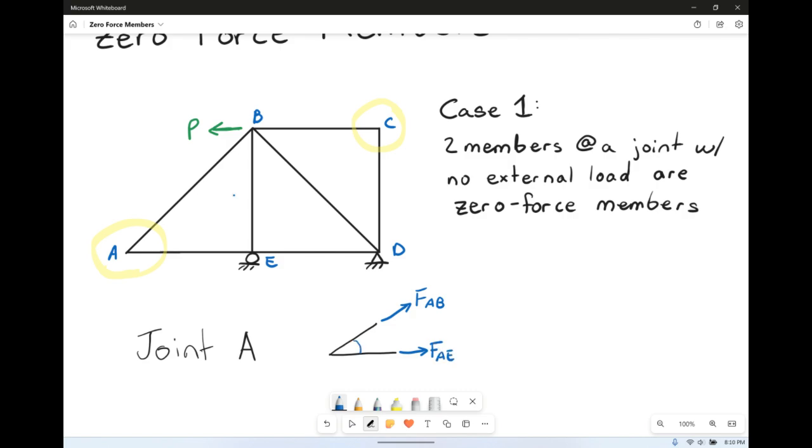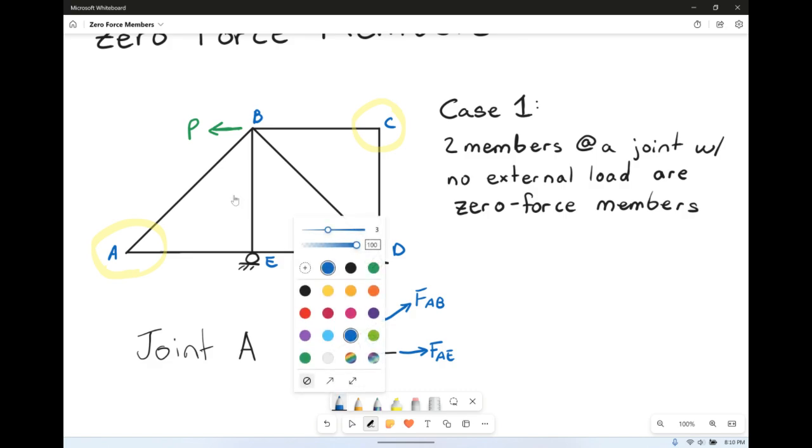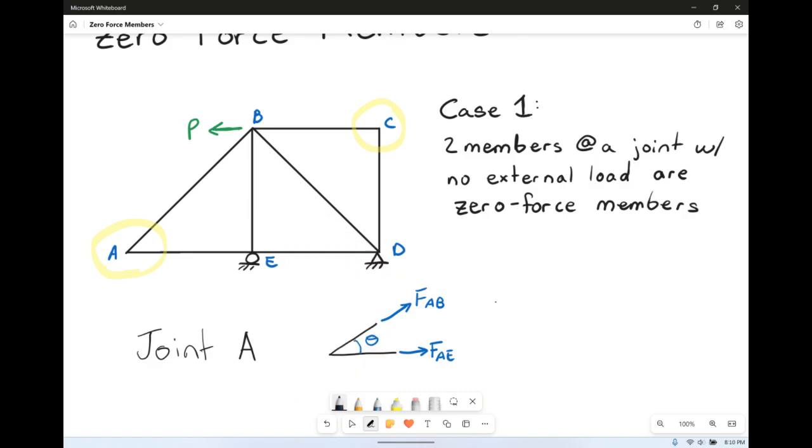Now maybe this is the angle theta. Who knows? Doesn't really matter. Because if we sum the forces in the y direction and set it equal to 0, you have only force AB. Yes, it'll be sine of theta, but that really doesn't change anything because he's the only one in that direction. So force AB is equal to 0.